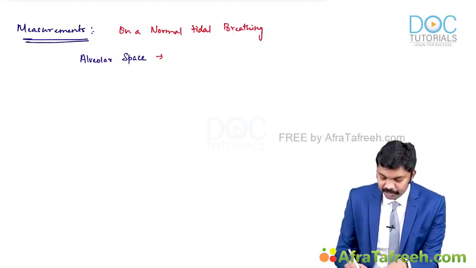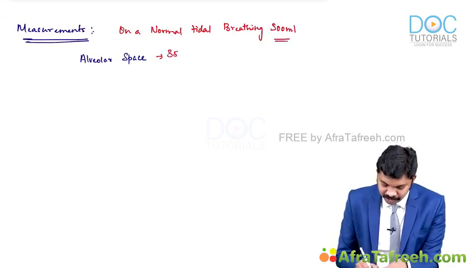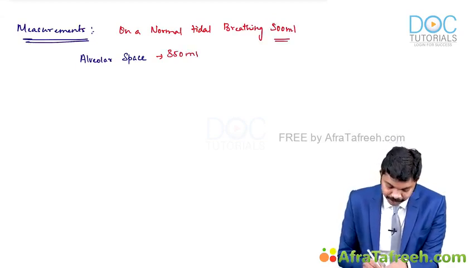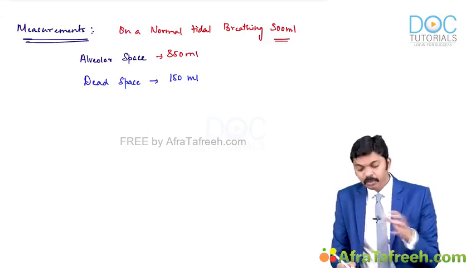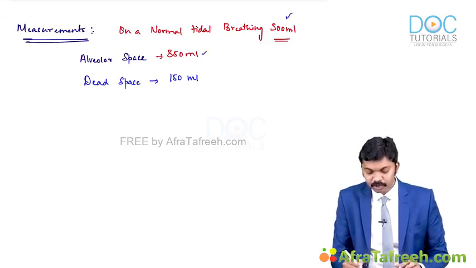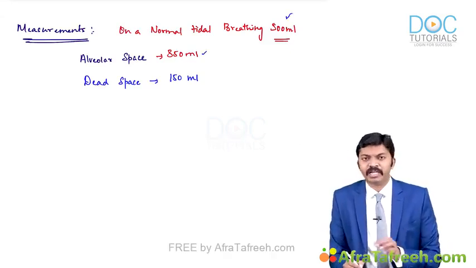Out of this 500 ml, about 350 ml goes to alveolar space and dead space receives just 150 ml. Okay. So out of 500 ml, 350 ml goes to alveolar space and just 150 ml gets restricted in dead space.